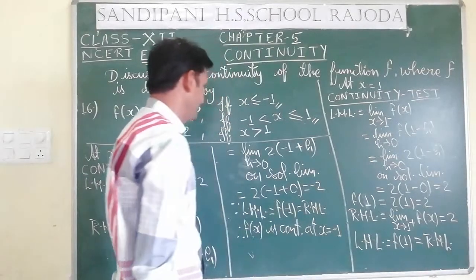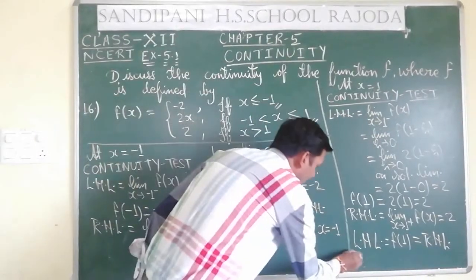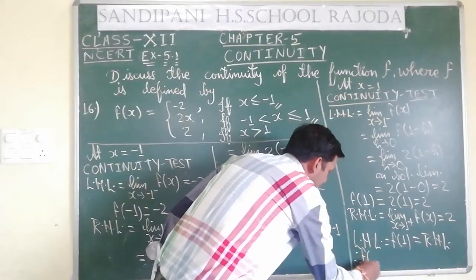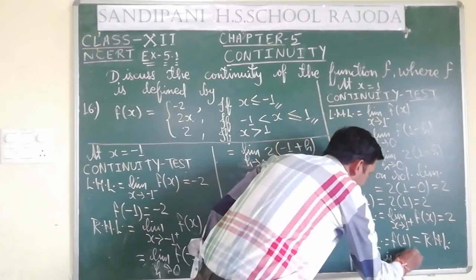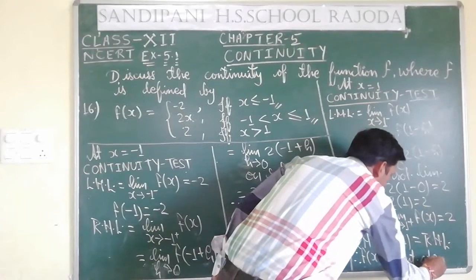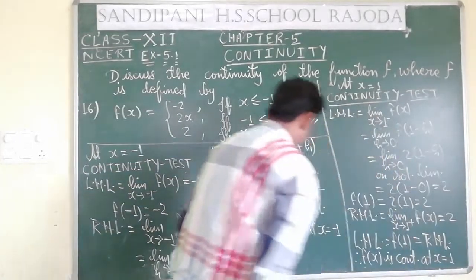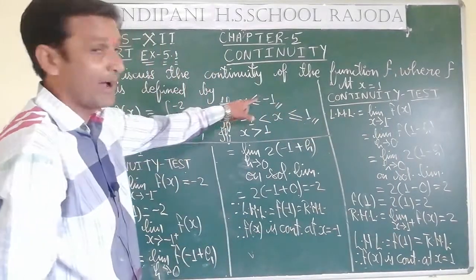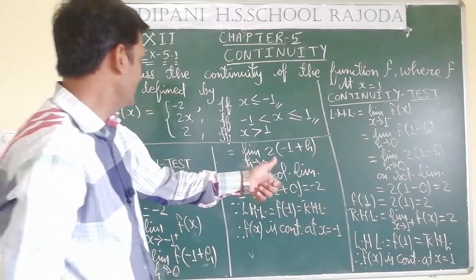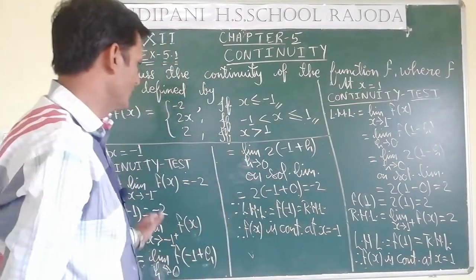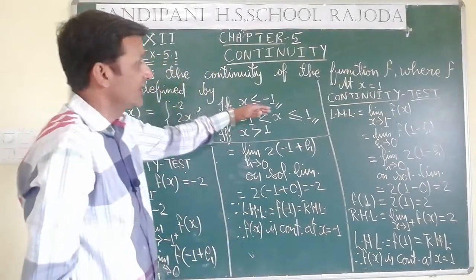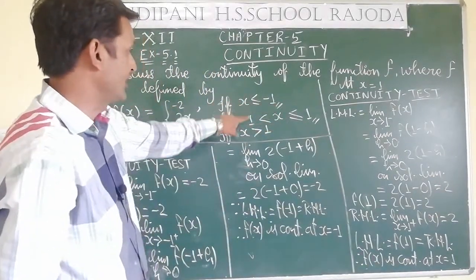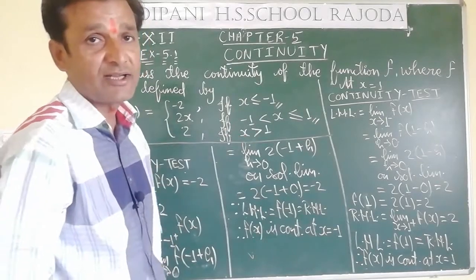So we can say, therefore, f of x is continuous at x is equal to 1. See, it is continuous at minus 1 also, it is continuous at 1 also. So here we have concluded that this function is continuous at both the points.